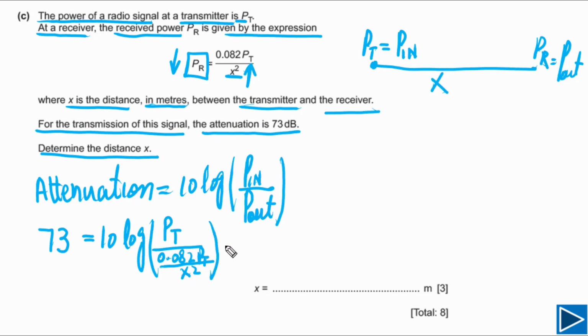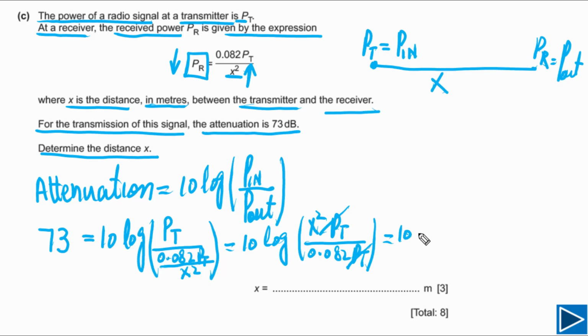We need to simplify this. So this is 10 log of x squared PT divided by 0.082 PT. As PT is common, we can cancel it. We are simply left with 10 log of x squared divided by 0.082.